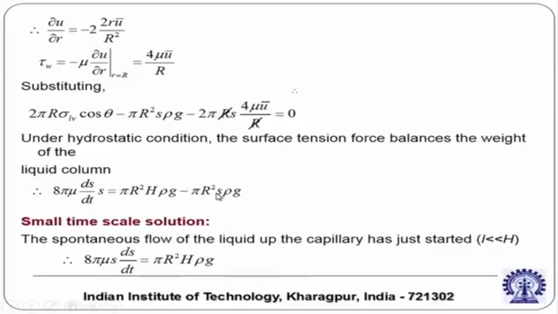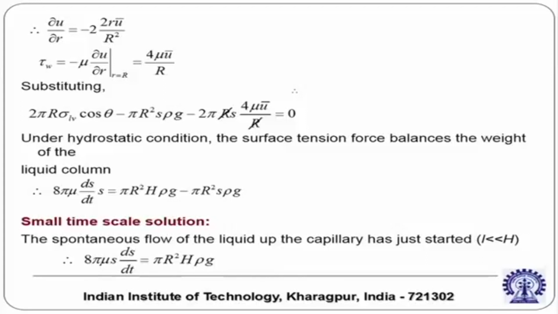In the small time limit, when S is much less than H, the forces balancing each other are the viscous forces and the surface tension forces. We assumed a fully developed flow to describe the viscous force, and that is balancing the surface tension force. And then we got a relationship between the capillary displacement S and the time t, where S varies as square root of the time.